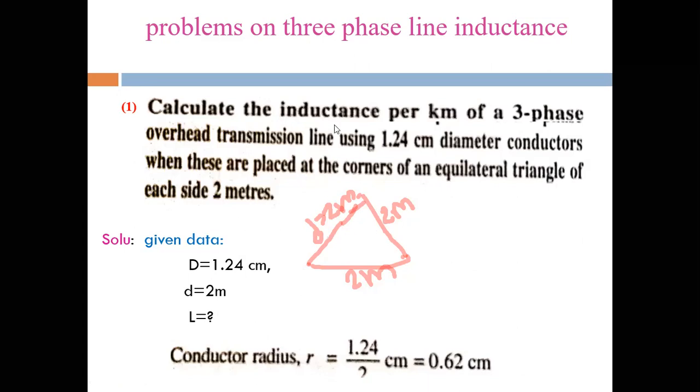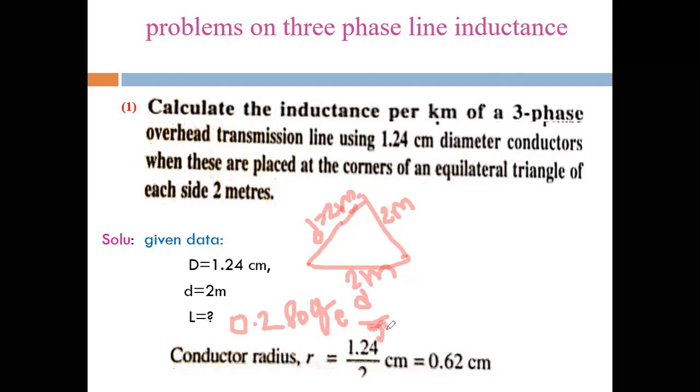The line inductance L is equal to 0.2 log_e D by R dash.